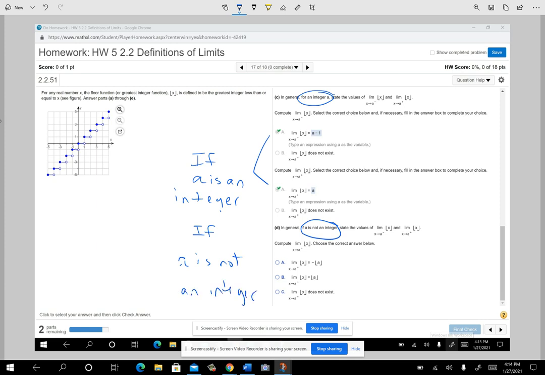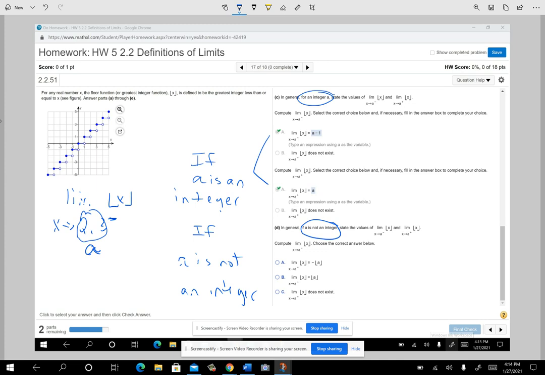Okay, so the example for that was like the 2.3. So if you're trying to do the limit of this function as x approaches 2.3, and they ask you for the left first, then I'm using this as an example, as this being the A. So think about that.